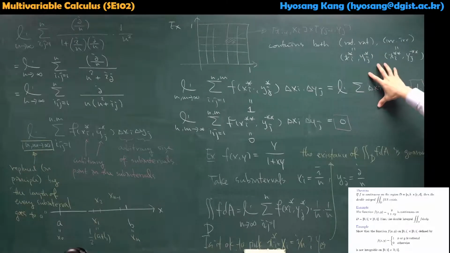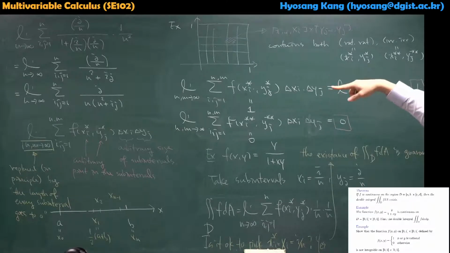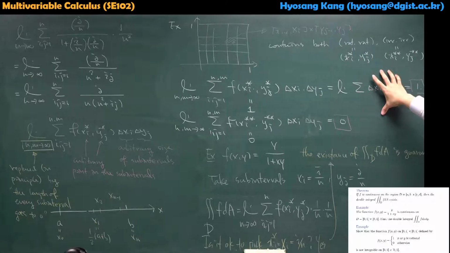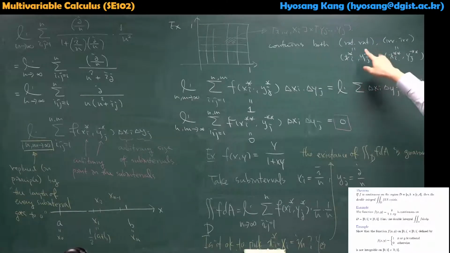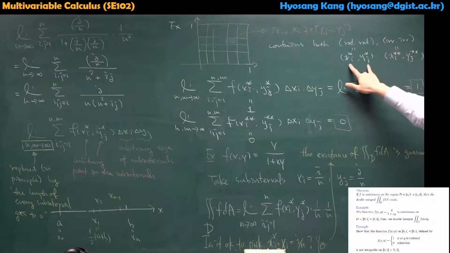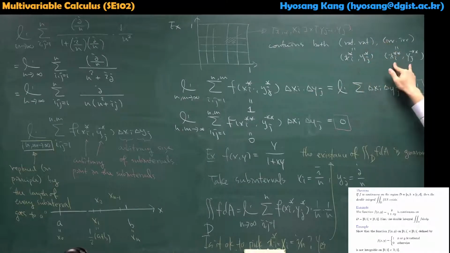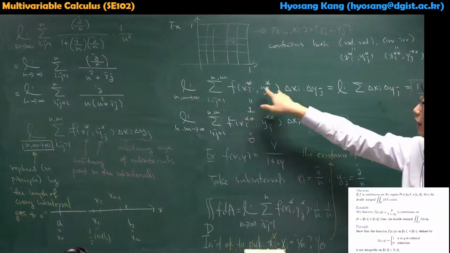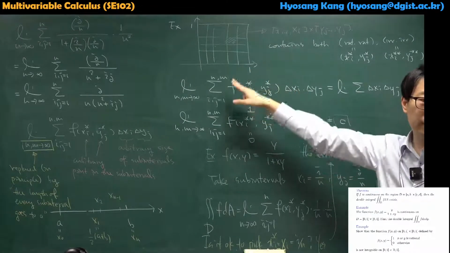So here's what I just explained. We have the [0,1] by [0,1] square region, and for each subinterval, I can take a rational point or an irrational point. Denote each point as these symbols. If I pick a rational point for every subinterval, I always get 1 for this part.